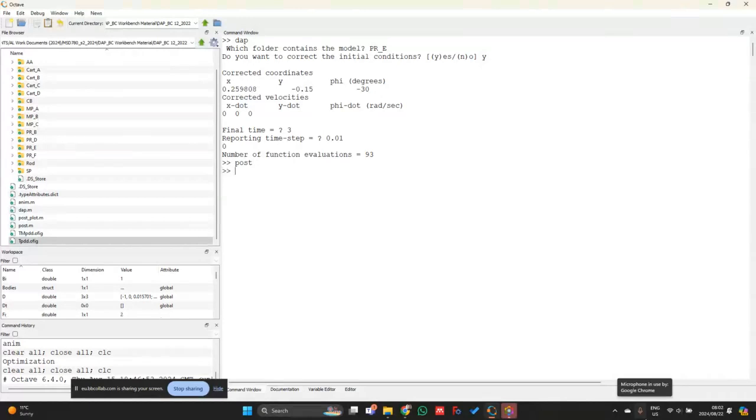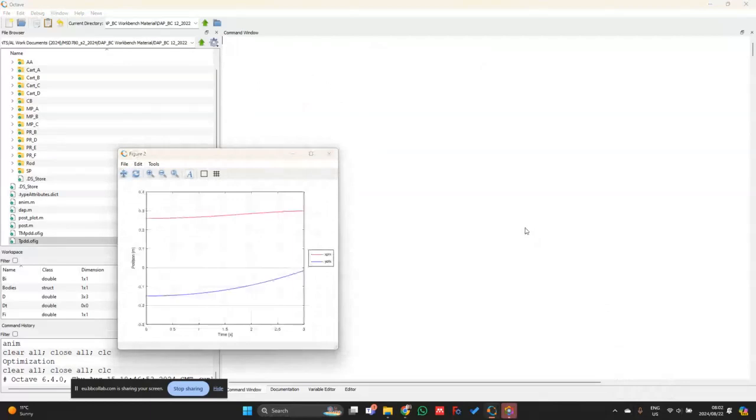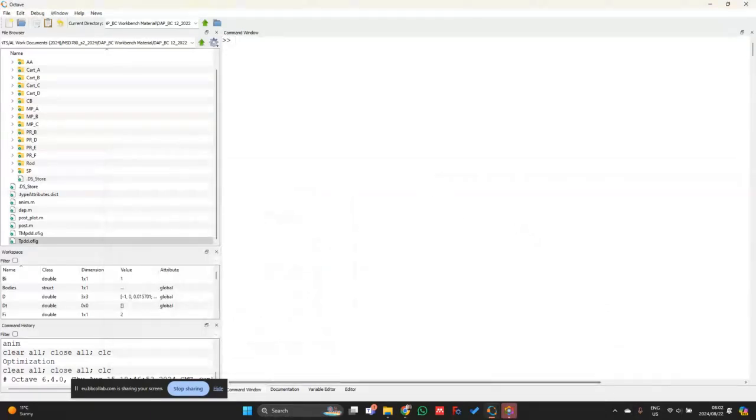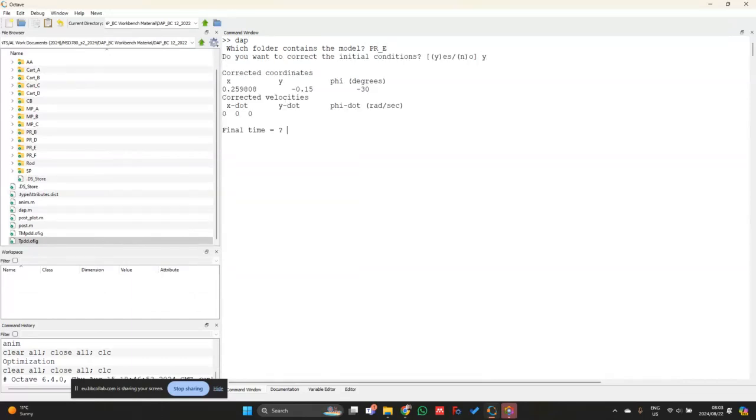We see how this looks. If I run the post processor and then post plot, okay, so perhaps we should just run it for rather 30 seconds. So if I do that, 30 seconds and a 0.1 second time step.